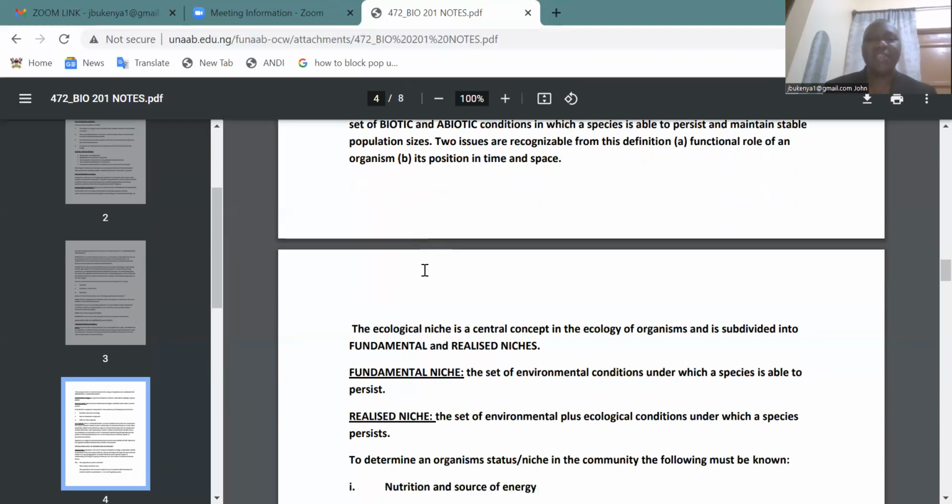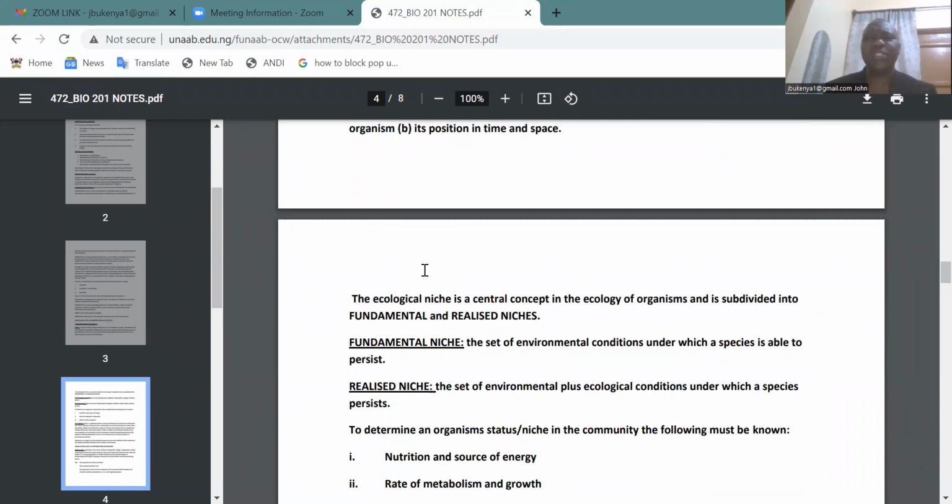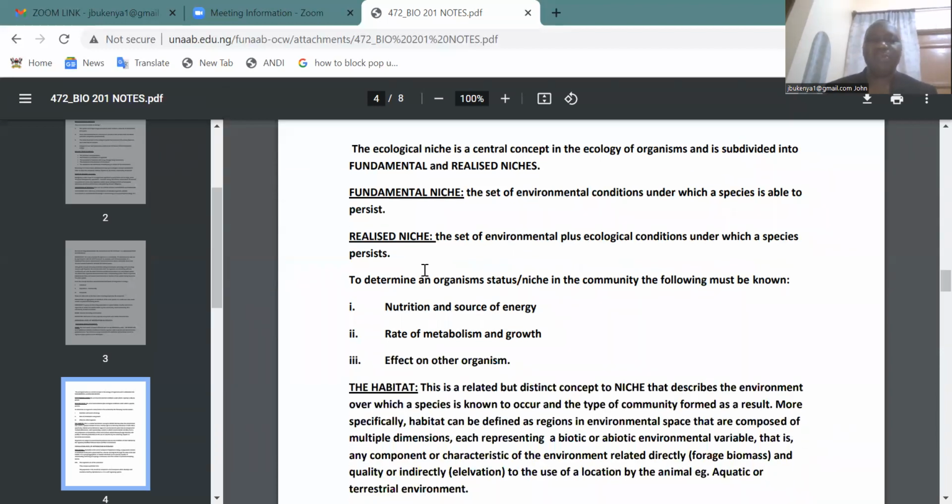And we are describing the fundamental niche, a set of environmental conditions under which a species is able to persist. But when we bring in the competition factor and predation factor, then the niche of an organism is compressed to a smaller part of the potential or fundamental niche. So in this case, the realized niche is a set of ecological conditions under which a species persists in the presence of competitors and predators.